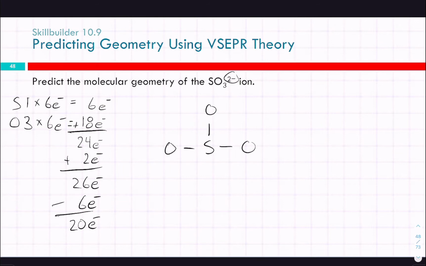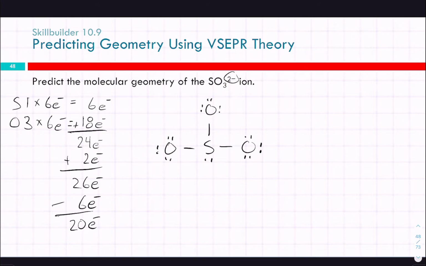Good. So where do we put those 20 electrons? Yeah, we'll do the oxygens first. 2, 4, 6, 8, 10, 12, 14, 16, 18, 20. So do we have a correct Lewis structure?